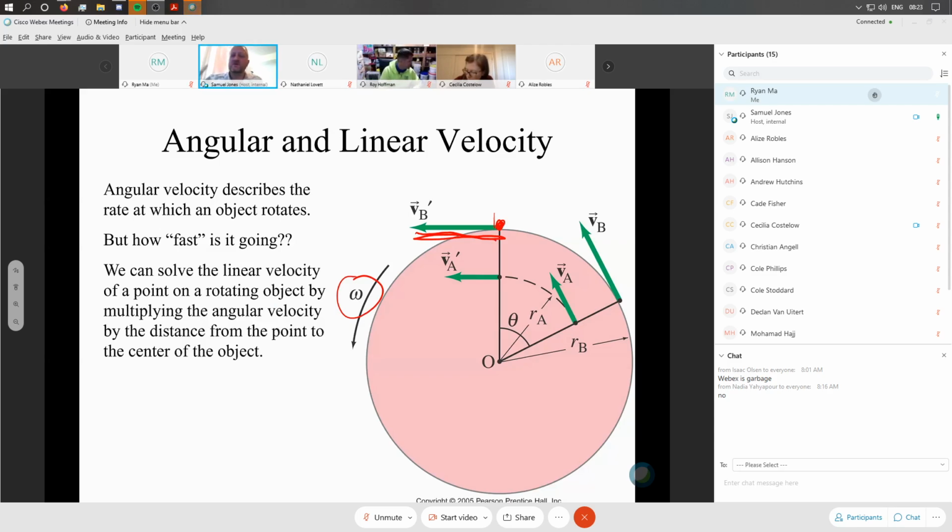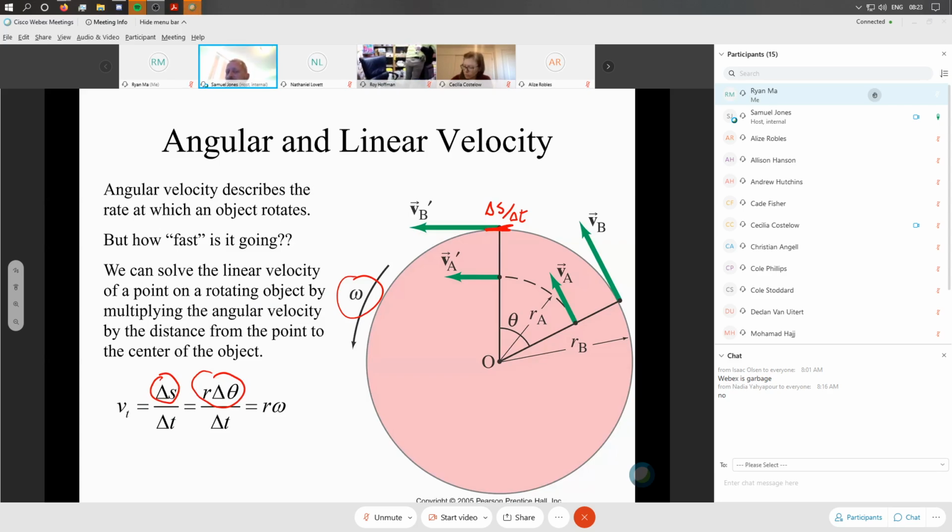What we can do then is we can say that this velocity here is actually the change in position, at least over a small segment. Okay? Remember that this delta S then is the same thing as r delta theta. We showed that on a previous slide.